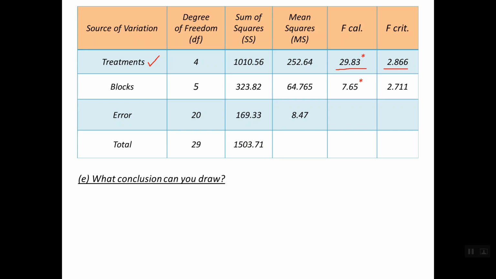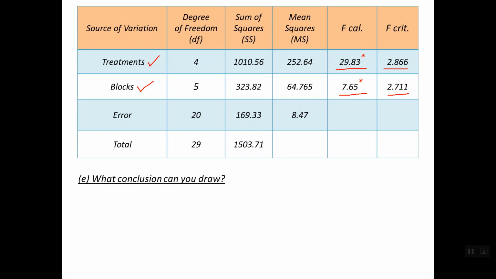Regarding the blocks, the same way, the value of the F calculated or statistic F is greater than the value of the F critical. So again, for the blocks, there is a significant effect, which means that we reject the null hypothesis and accept the alternative one.